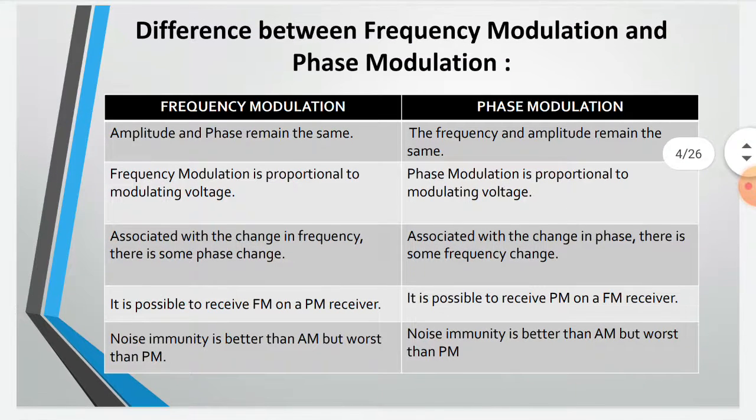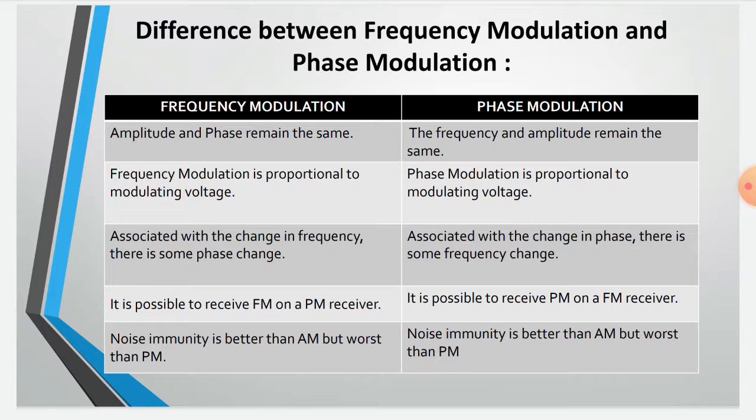Difference between frequency modulation and phase modulation. Here is the comparison between the two. In frequency modulation, amplitude and phase remain the same. In phase modulation, the frequency and the amplitude remain the same. Frequency modulation is proportional to modulating voltage.